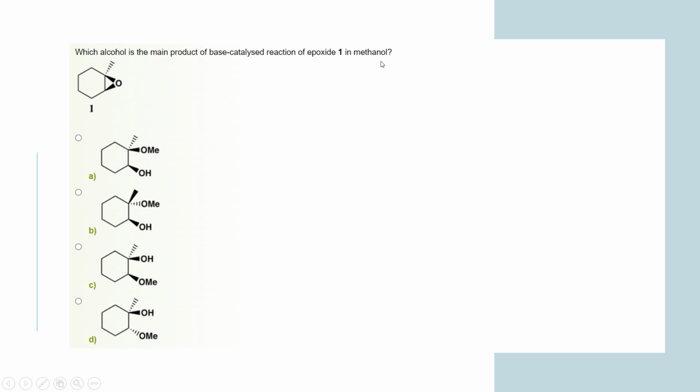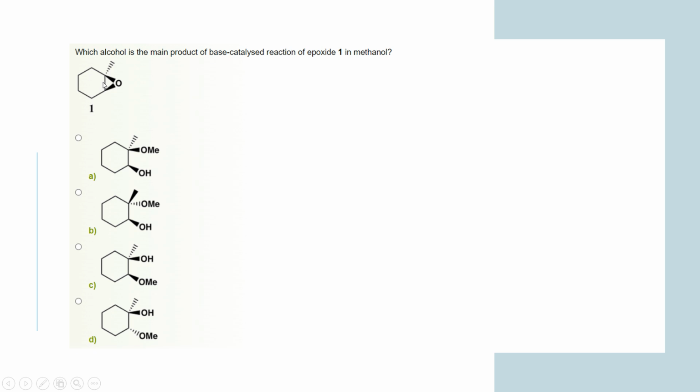What happens? You are given methanol here, so methoxide ion will be the one which will open up the epoxide ring. You just have to identify the side and position from where the methoxide ion will attack.